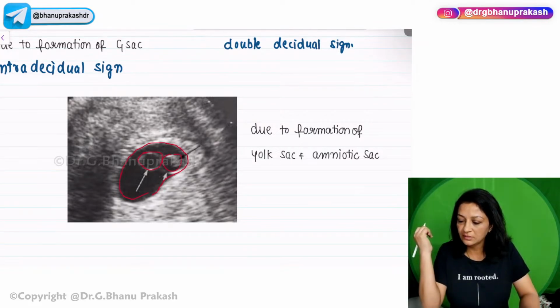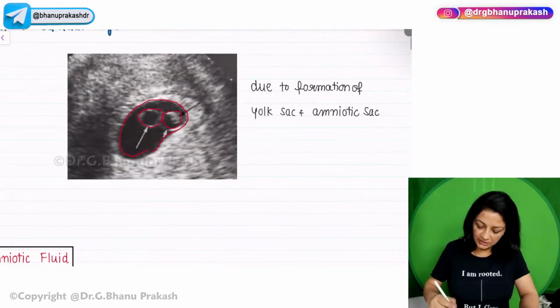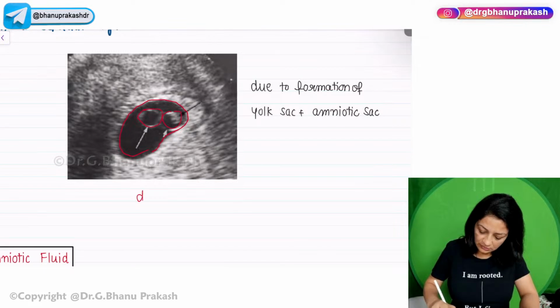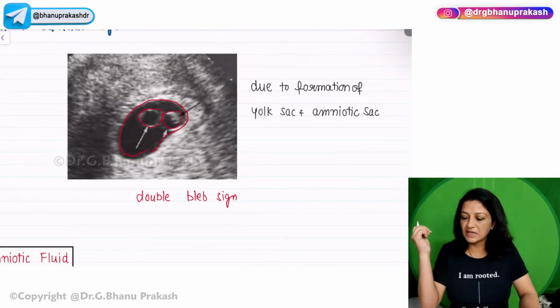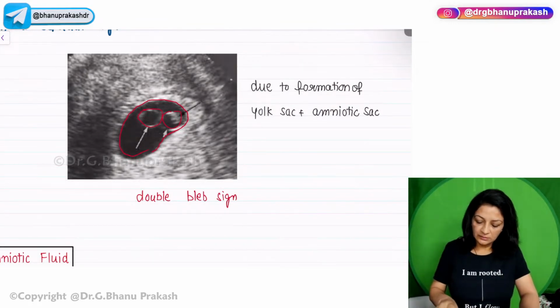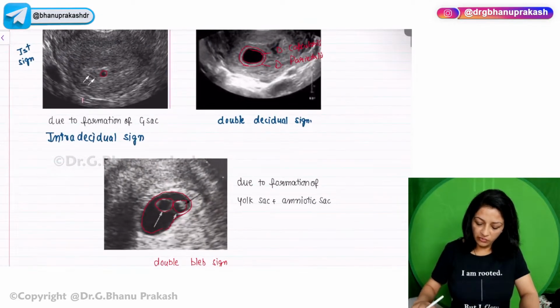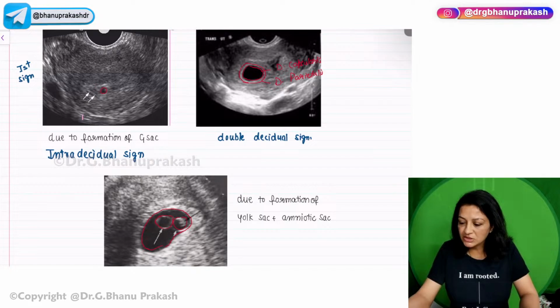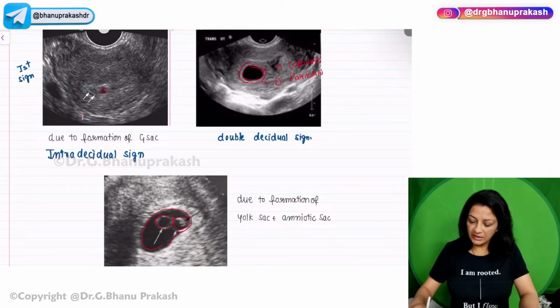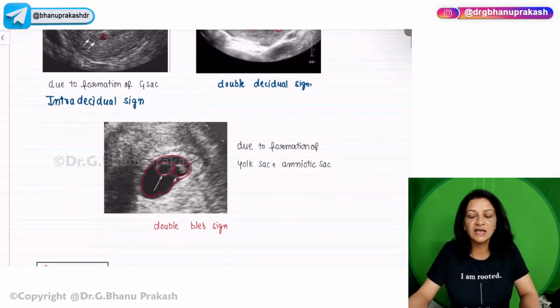This one is the double bleb sign. So, clear to all of you? The first sign is the intradecidual sign, the second one is the double decidual sign, and the third sign, after the formation of the yolk sac and amniotic sac, is the double bleb sign.